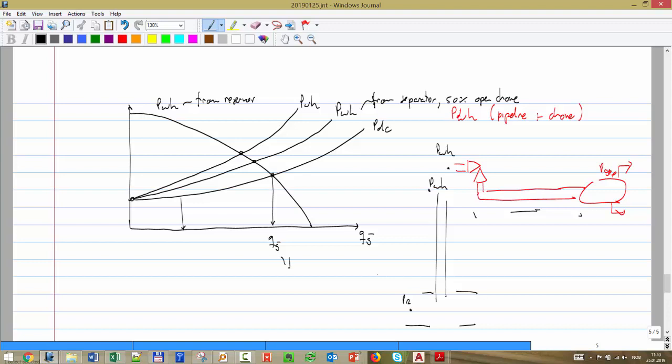That's fully open choke. That's the rate I'm going to get if it's 50% open choke. And that's the rate I'm going to get if it's 30% open choke. Which also makes sense. When I close the choke, I'm reducing the equilibrium. The equilibrium is happening at a lower rate.